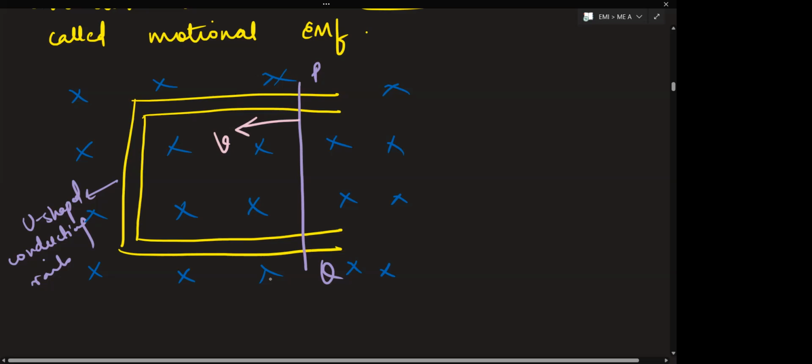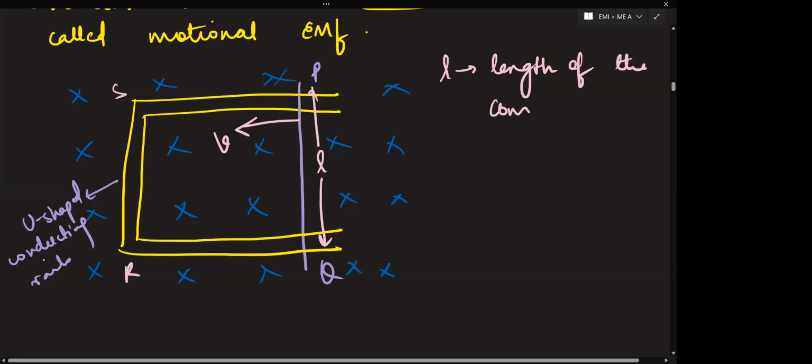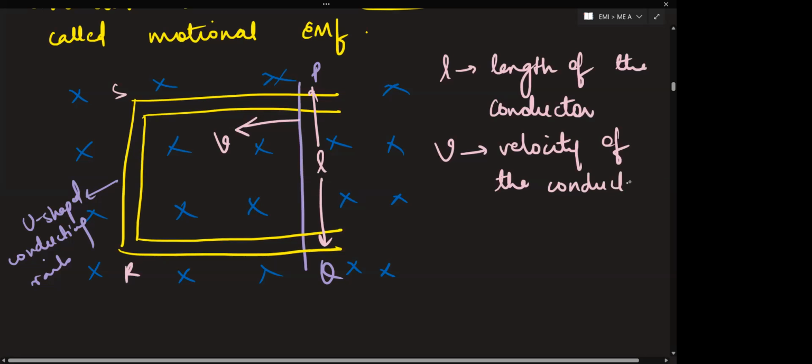Let's say the length of the conductor is L. Let's name this also PQ, this is R, this is N. L is the length of the conductor, and V is the velocity with which it is moving.